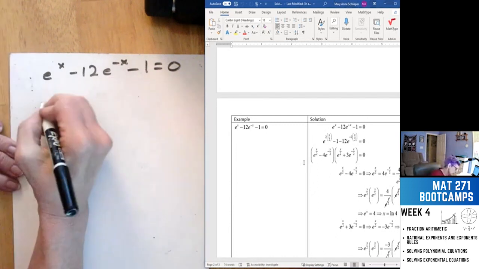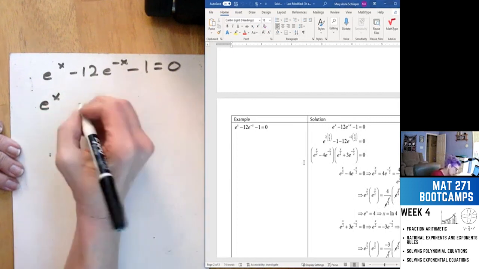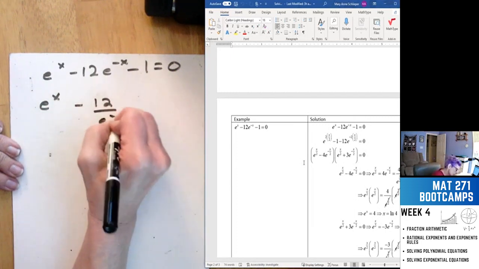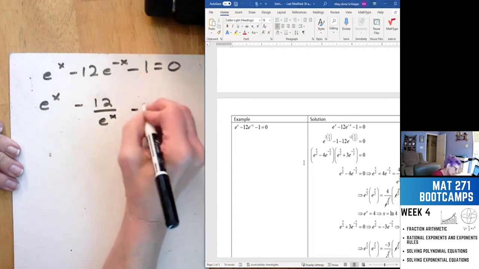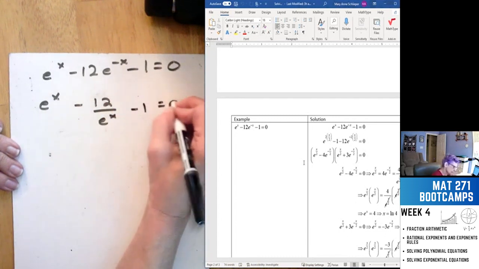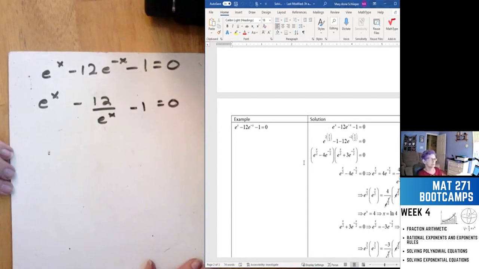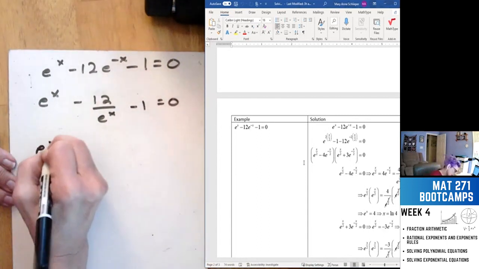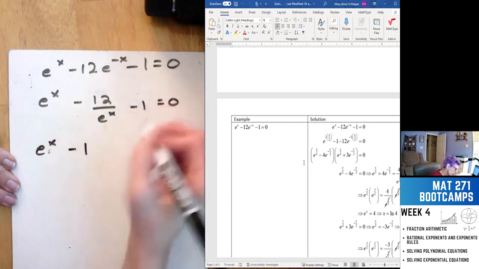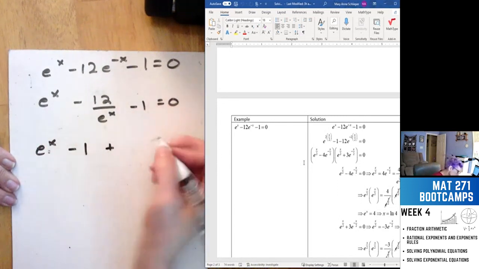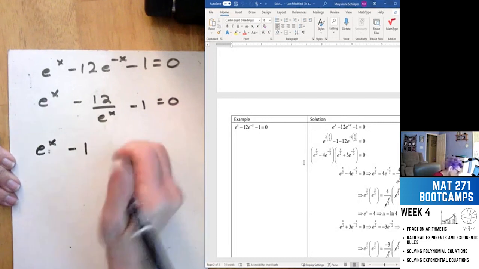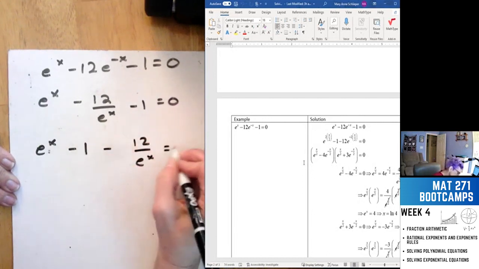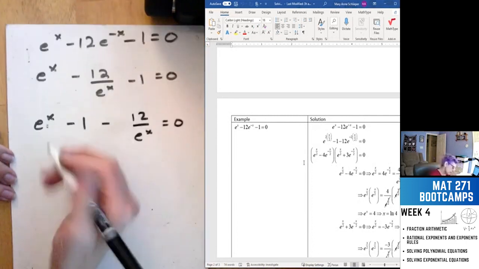So this is really e to the x minus 12 over e to the x equals 0. I'm going to put that minus in the middle. So minus 12 over e to the x equals 0.